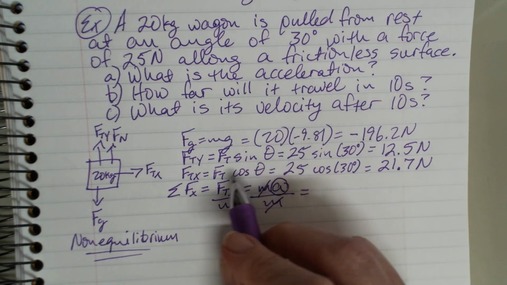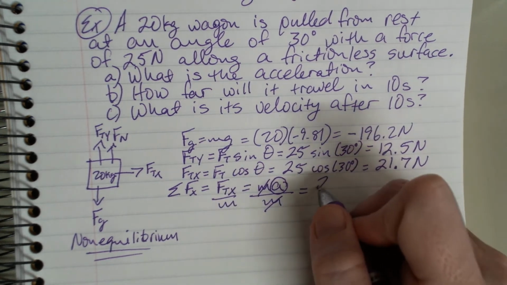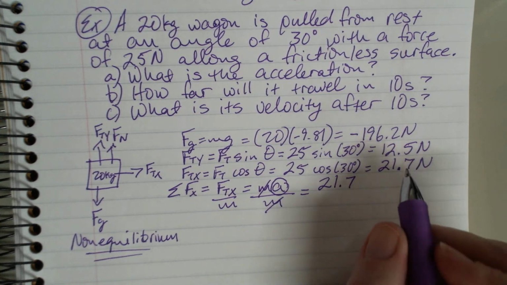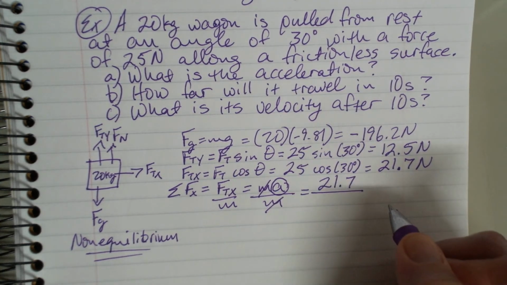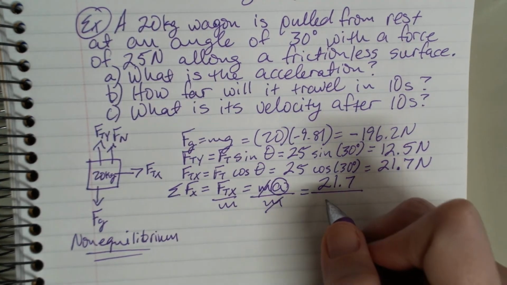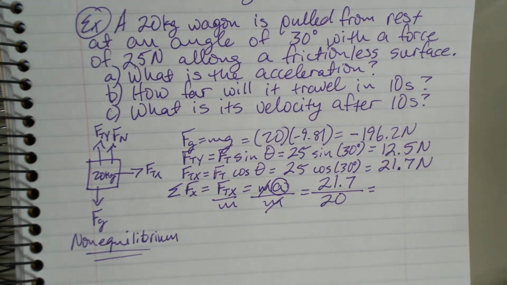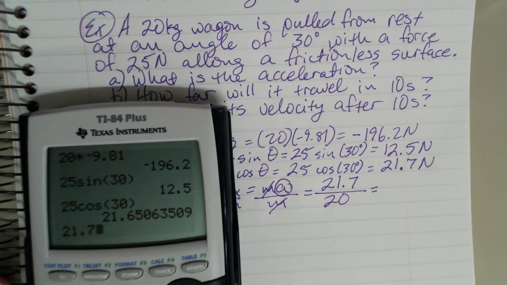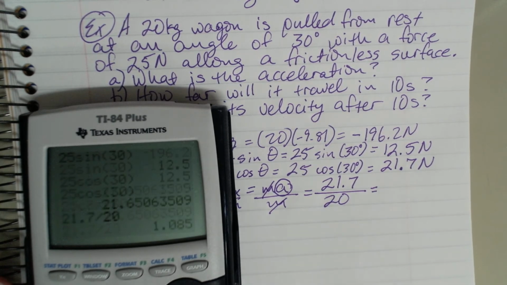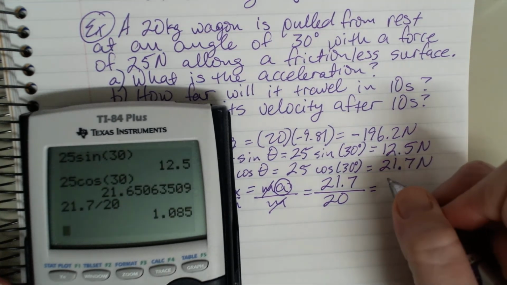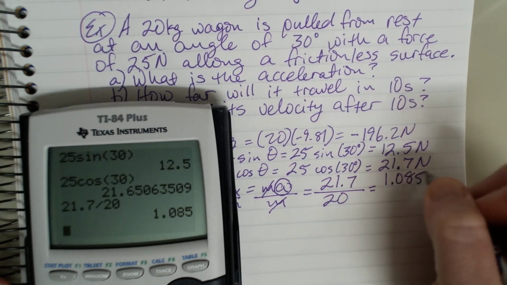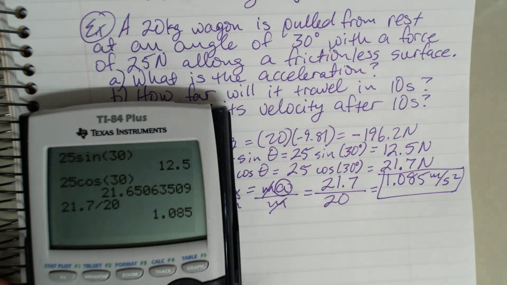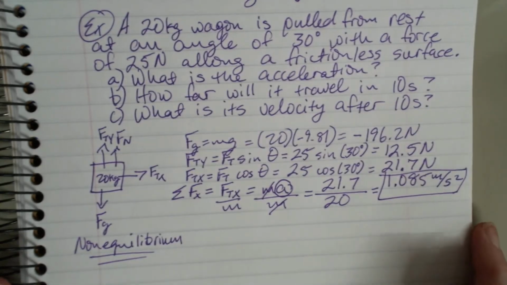So my FTX is 21.7 and my mass is 20 kilograms. So my acceleration is 1.085 meters per second squared. You're welcome to round that to 1.09 also, I don't care.